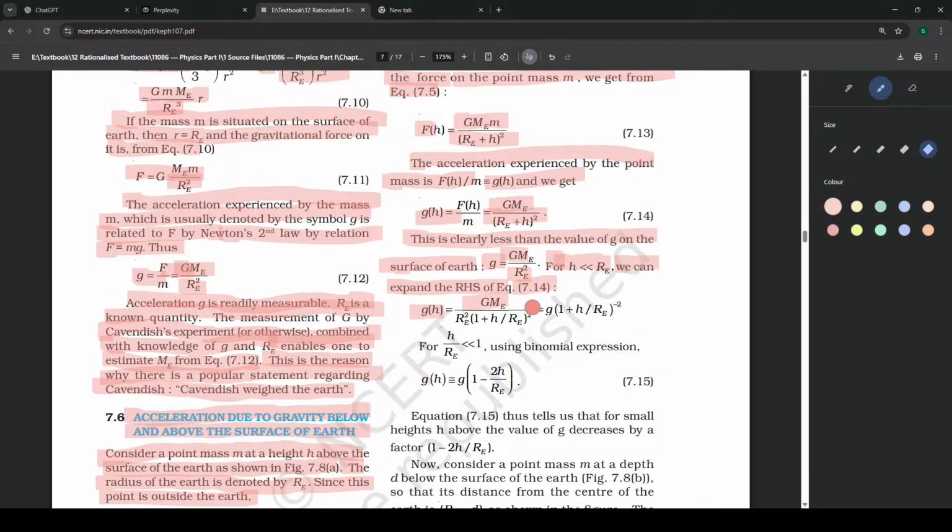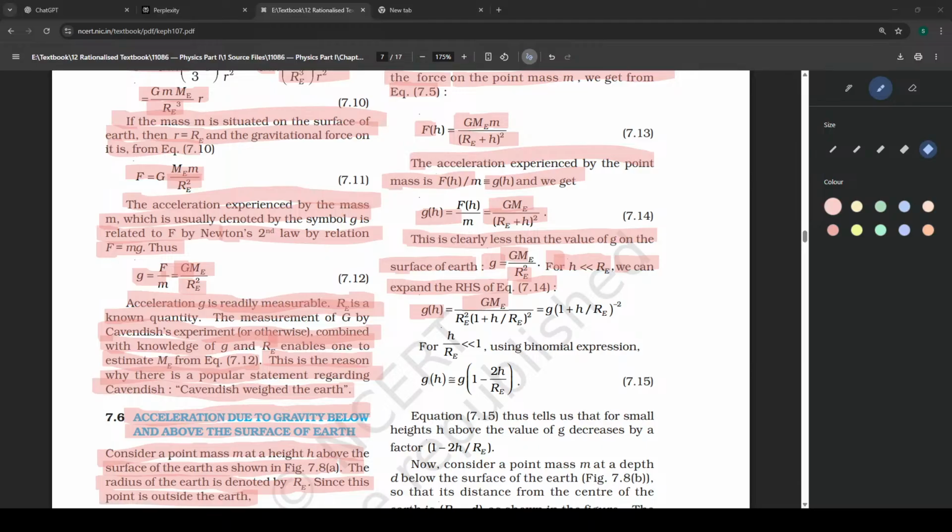Basically, from our knowledge, at the surface of Earth we know the formula, and at a height h the force due to gravitation will be G m M_e by (R_e + h) whole square.